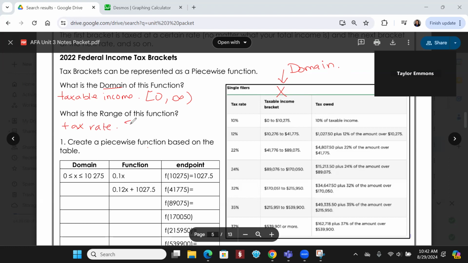Those numbers are going to include 10, 12, 22, 24, 32, 35, and 37 plus. So that's your Y, that's your range. Based on the amount that you make, you're taxed at a certain percent. Make sense?